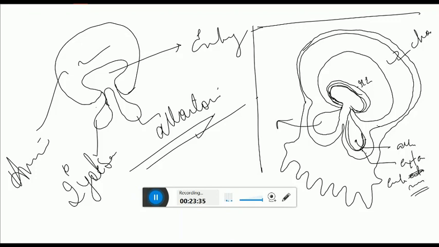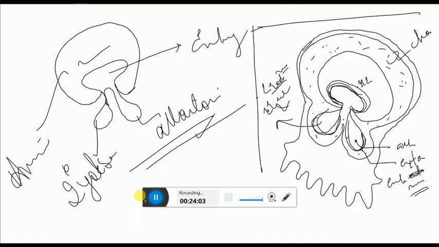About secondary yolk sac, it is a yolk sac. From inside it is made of definitive endoderm, that is extraembryonic endoderm, and from outside it is made up of extraembryonic mesoderm. How can I say that it is made of extraembryonic mesoderm? Because we have read earlier that outside this amnion there was coelom, and the coelom is a part of mesoderm.